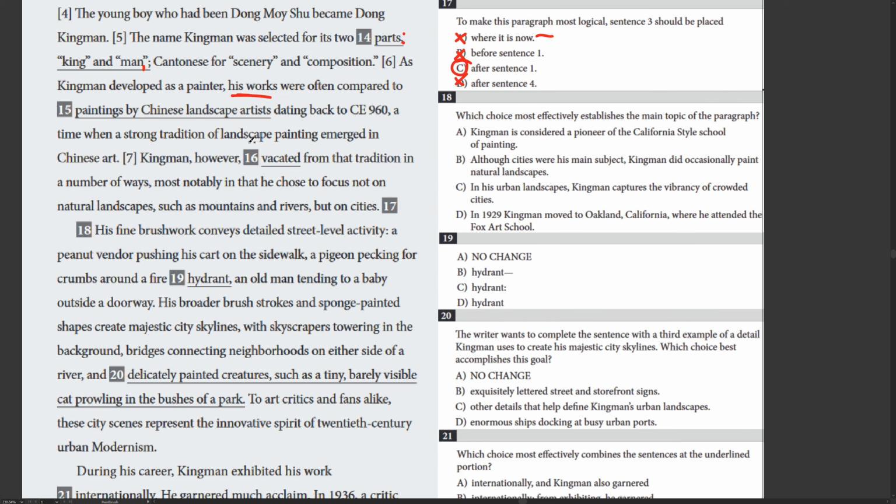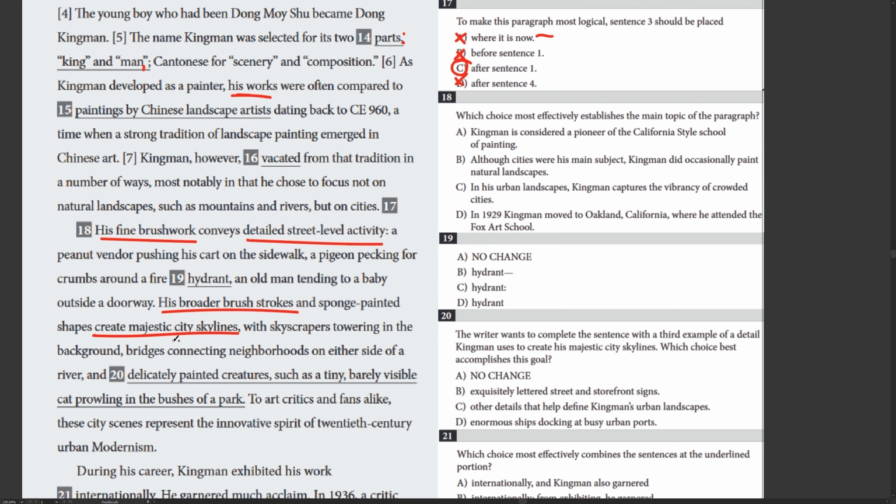Which choice most effectively establishes the main topic of the paragraph? So in that case, let's look at the paragraph for number 18. Here we have two main topics. His fine brushwork conveys detailed street level activity, and his broader brushstrokes create majestic city skylines.